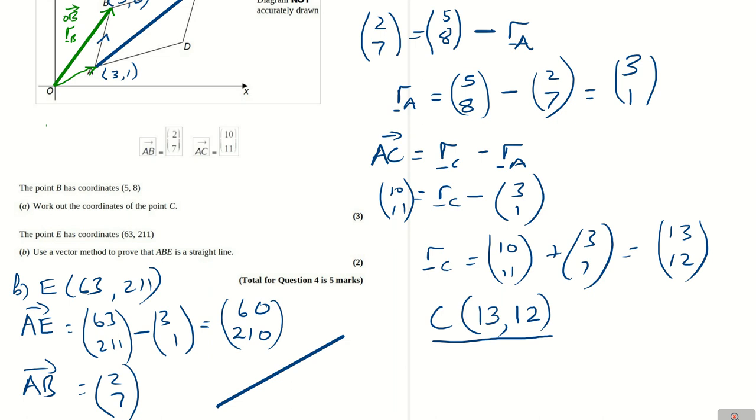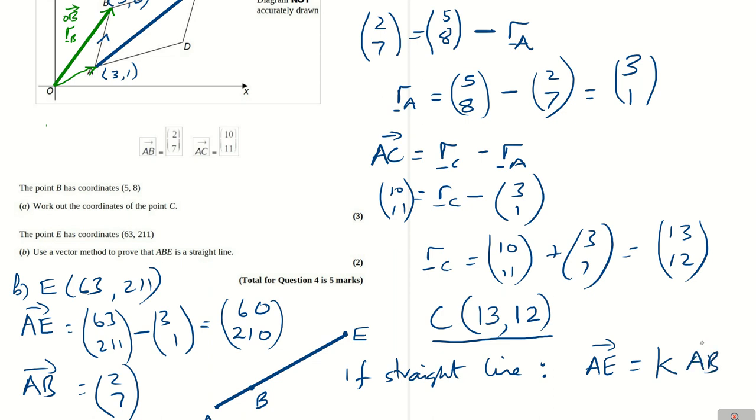So here's point A, here's point B, and here, say, is point E. Of course, I'm assuming that ABE is a straight line. But the way we can actually test that mathematically is if it's a straight line, what that means is that the vector AE must be some scalar multiple of the vector AB.